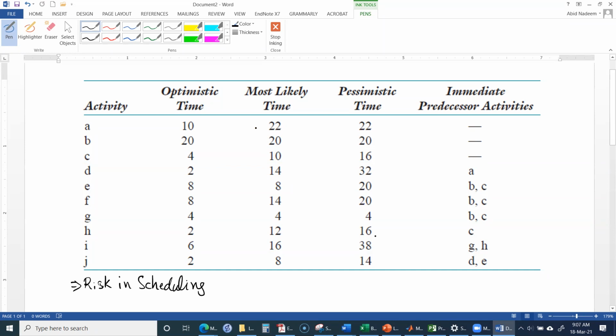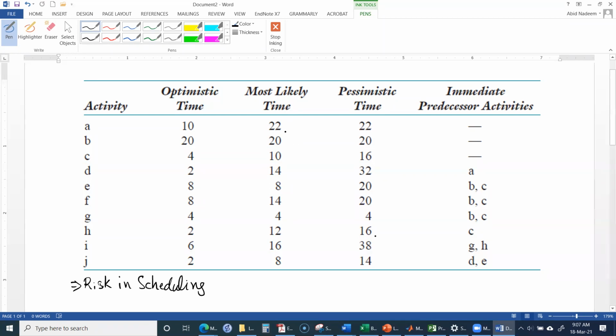If you see their description, then you will understand. For example, if you do the activity 10 times, maybe 8 out of 10 times that time or something around that figure will occur.